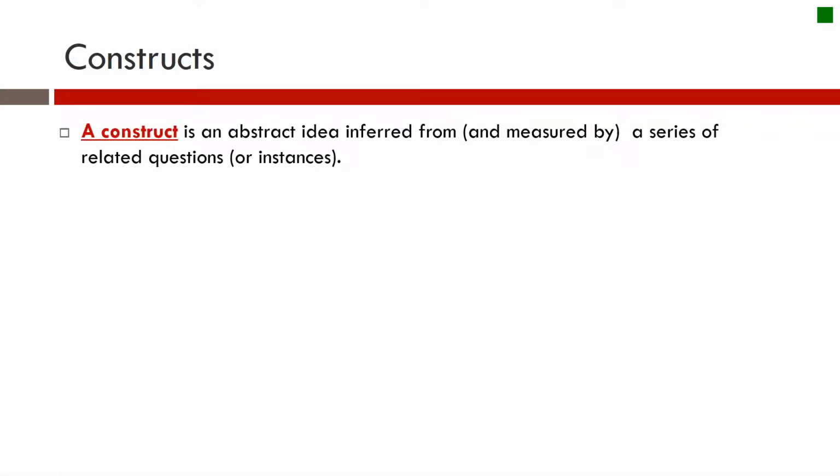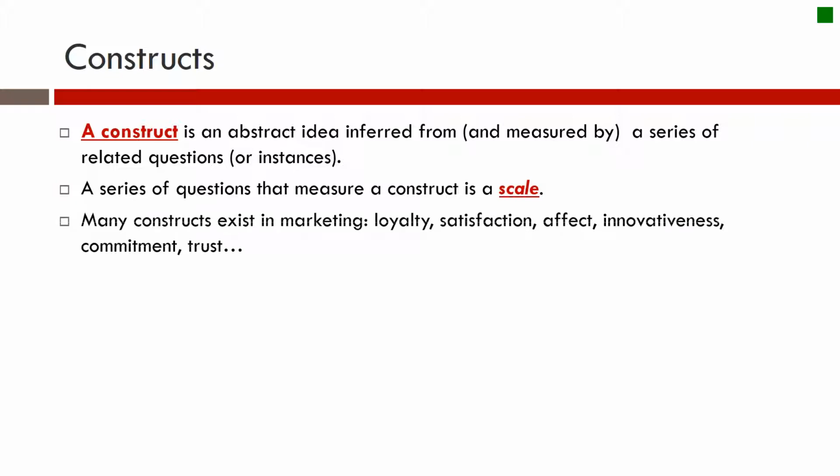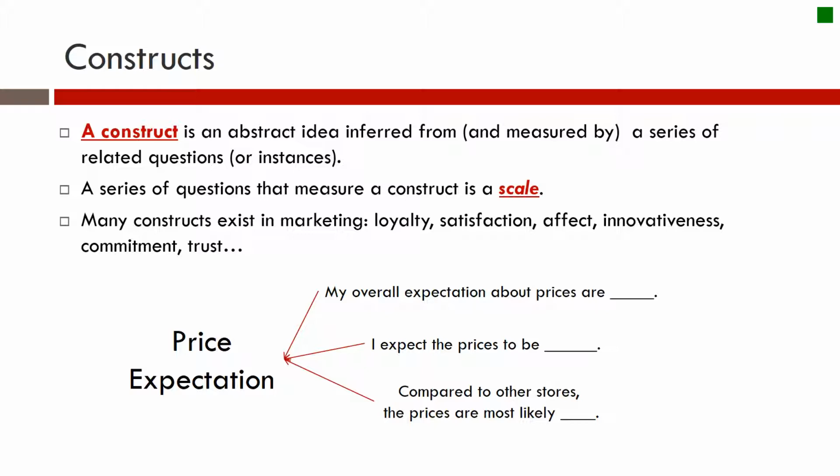And to continue this idea, here's another illustration of using a series of questions, which again may be referred to as a scale. A scale may be a series of questions that we use too. Many constructs are used in marketing, as I've mentioned before, like loyalty and satisfaction and innovativeness. These are all things we can't directly see. So here's an example for the construct price expectation.